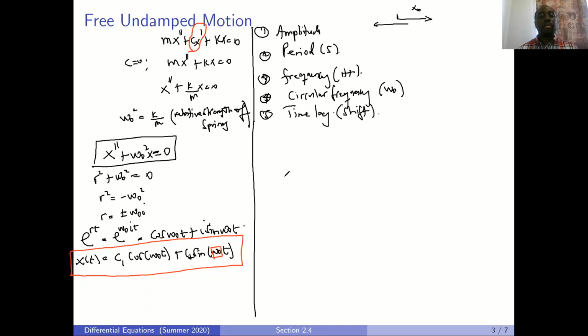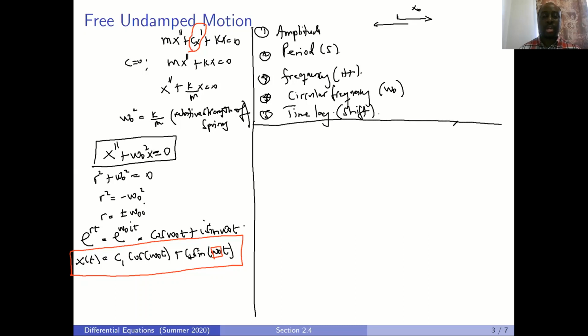Now, to be able to accurately pick out all of these parameters, it is important to combine the solution into just a single trigonometric function, either a cosine or a sine. It makes it a lot easier to identify these parameters.